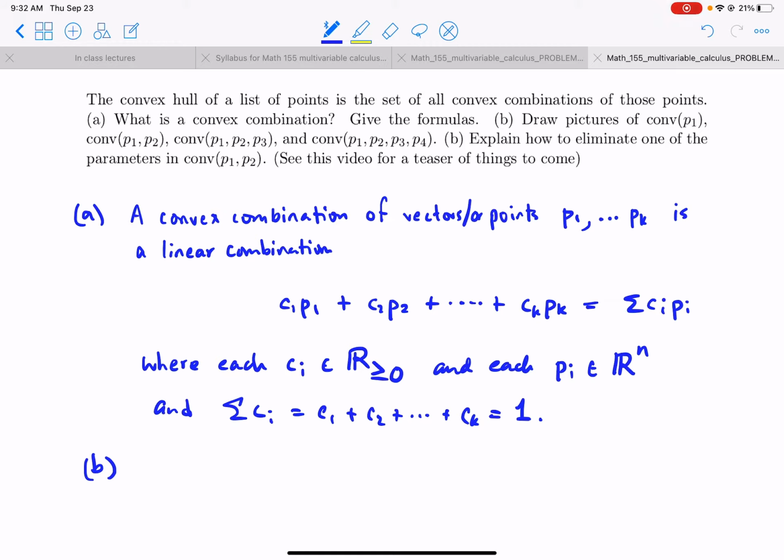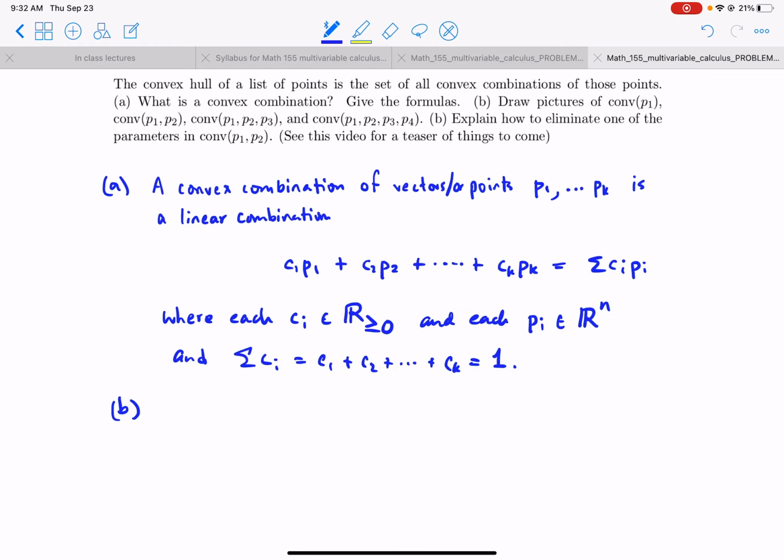B, draw pictures of, and now here's where I draw my pictures. So let's take, how about just P1? There we go. Now if I have P1 and P2, so K is equal to 2, there's my convex combination.